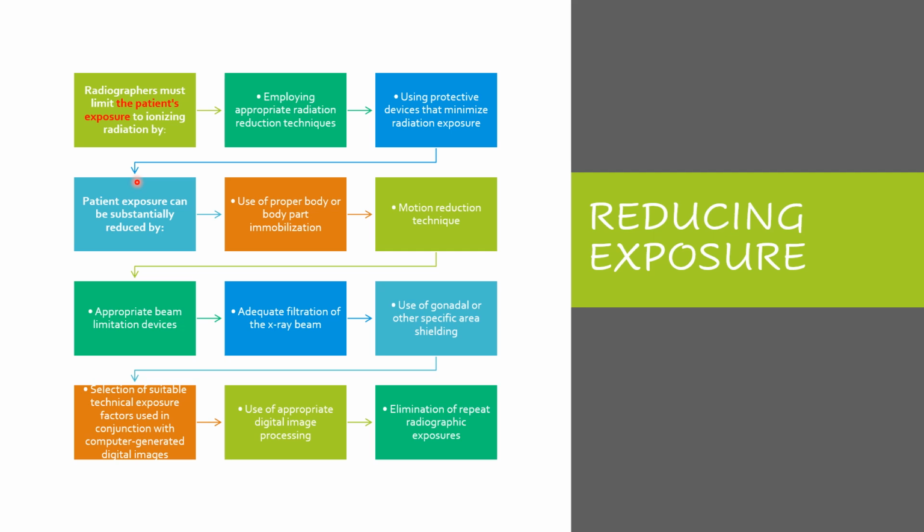Patient exposure can be substantially reduced by use of proper body and body part immobilization, motion reduction techniques, appropriate beam limitation devices, adequate filtration of the X-ray beam, use of gonadal or specific area shielding, selection of suitable technique exposure factors used in conjunction with computer-generated digital imaging, use of appropriate digital image processing, and elimination of repeat radiographic exposures.